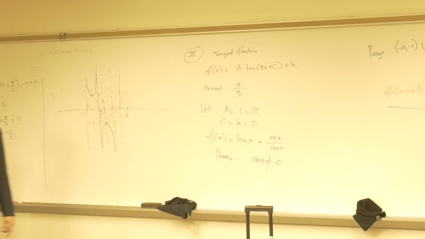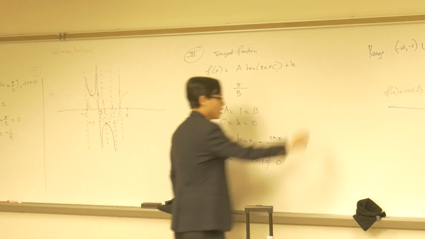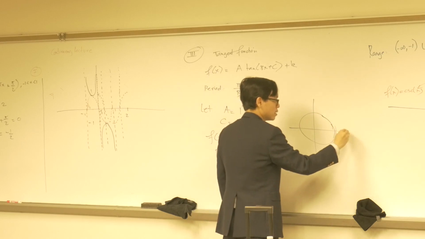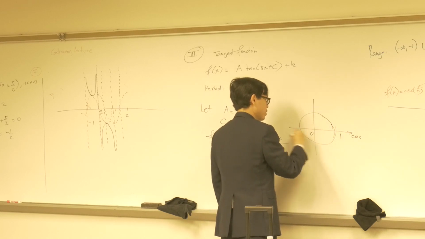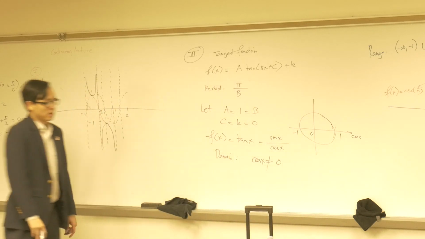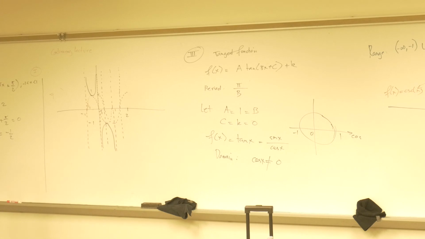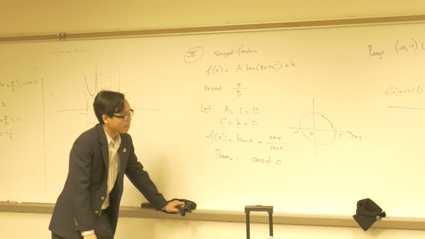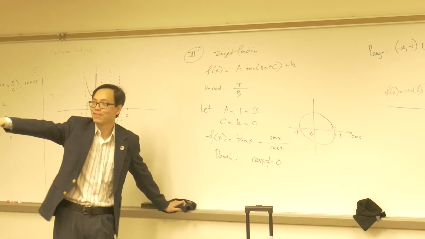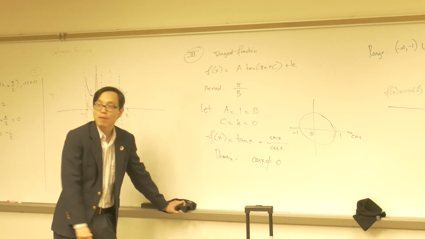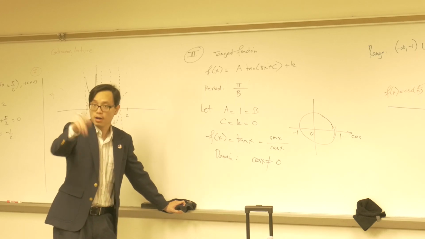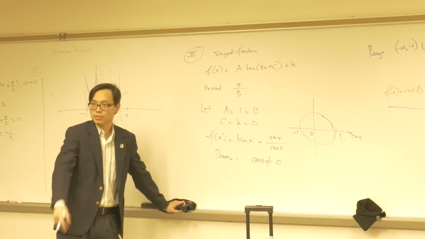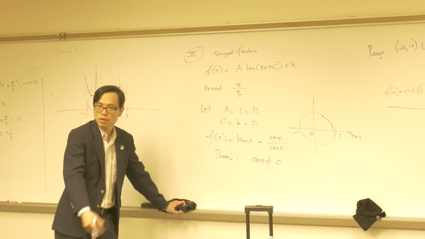If cosine is different from 0, now look at the unit circle, cosine. I have 1 here, 0 here, 1 here. So can anyone tell me the angle when cosine equals 0? Pi over 2, again kind of the same as that one. So we have pi over 2, 3 pi over 2, negative pi over 2 if we go clockwise, negative 3 pi over 2, 5 pi over 2, and so on.